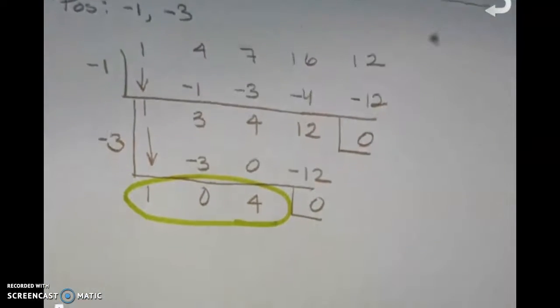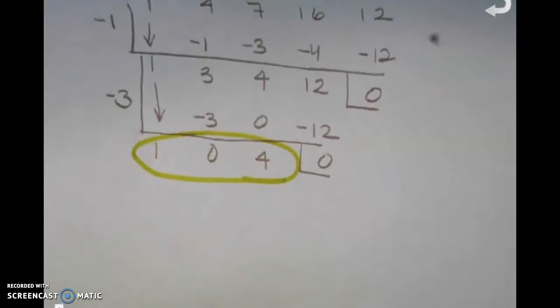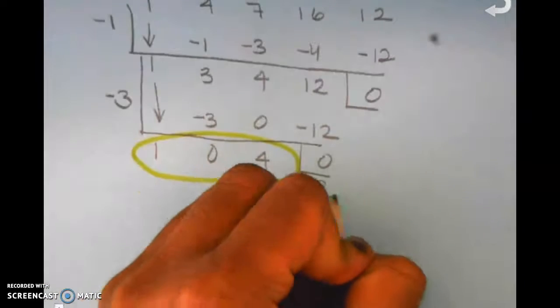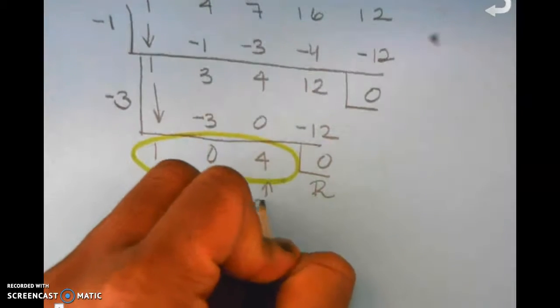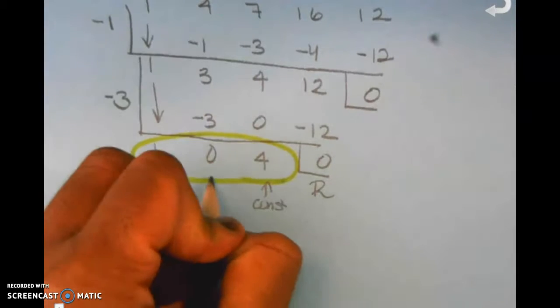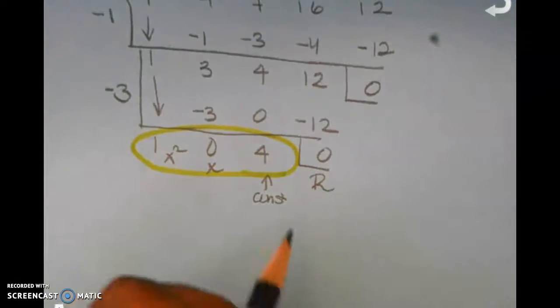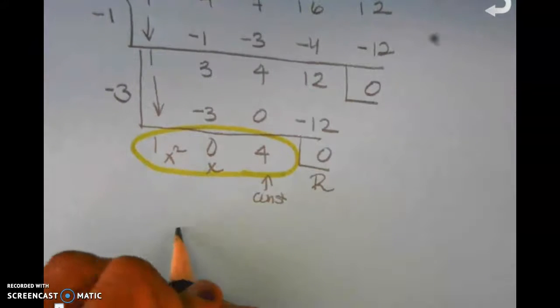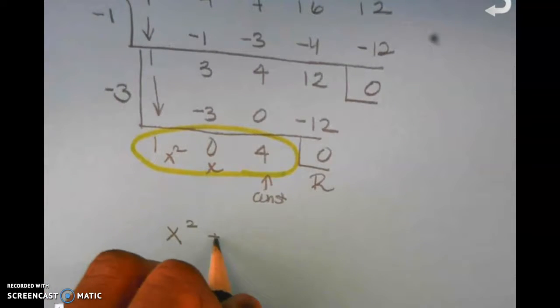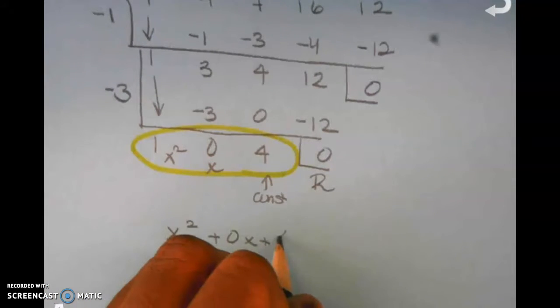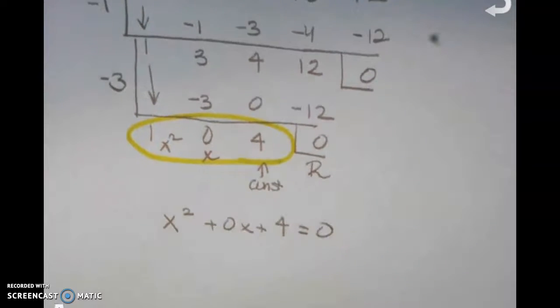Because once you do have this, you can write this as a quadratic. Because remember, this is your remainder. Hey guys, this is your remainder. This is my constant. This is my x term, and this is my x squared. The reason why I wanted to get it to where it's at this level is because I'm looking at x squared plus 0x plus 4 equals 0.